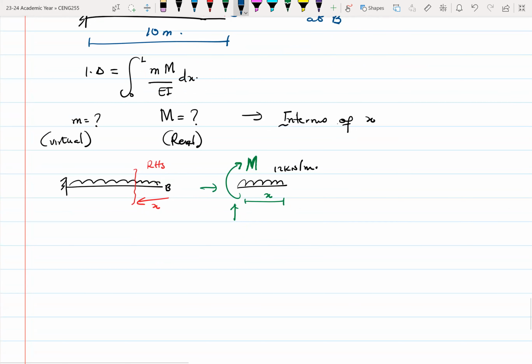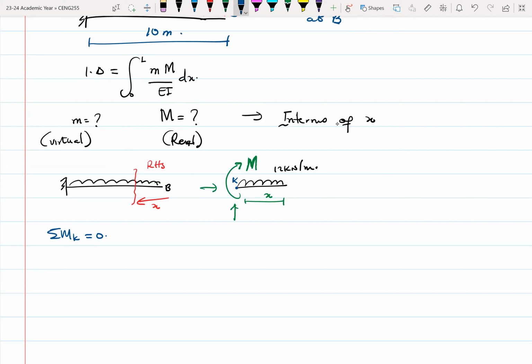So M is clockwise. If you take moment about, let me call this point K, the summation of moment about K will be equal to 0.